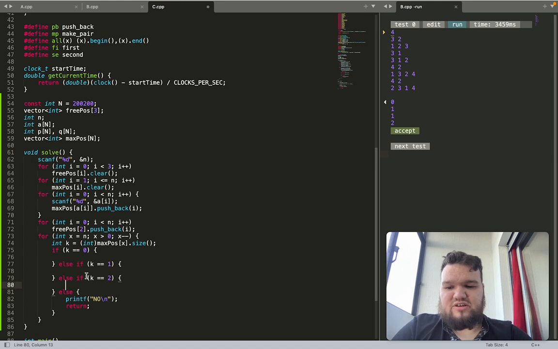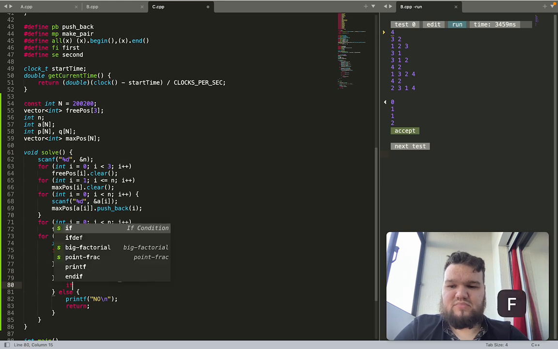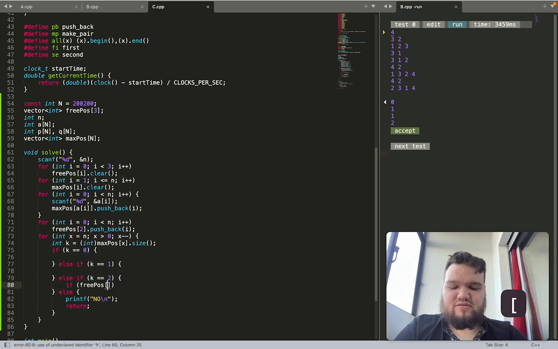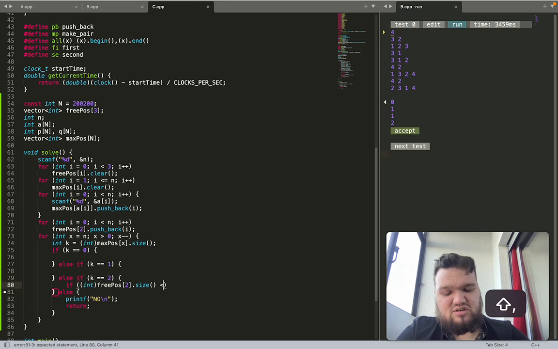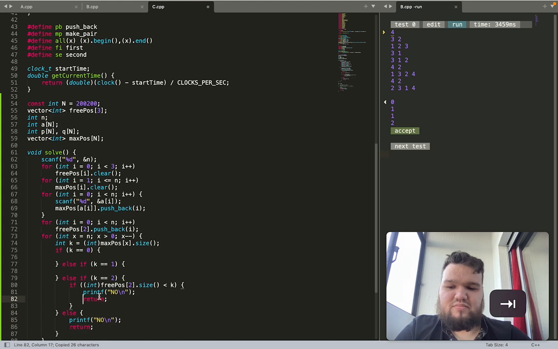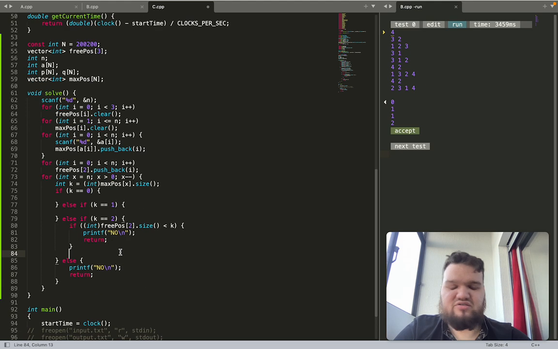So what if we have two maximums? Well, okay. In this case, if we have not enough free positions, we just say that it's possible.